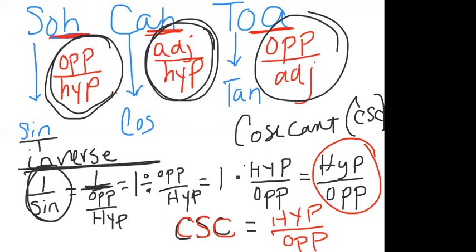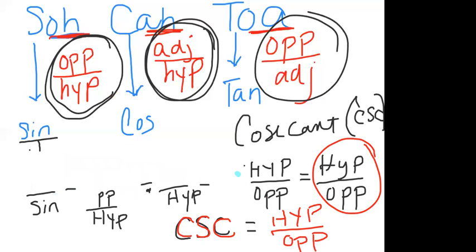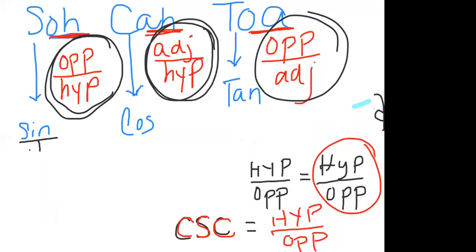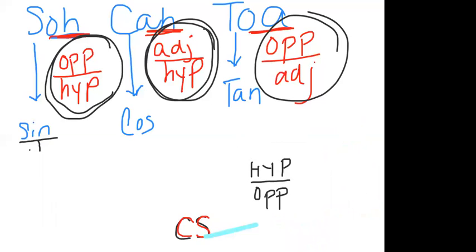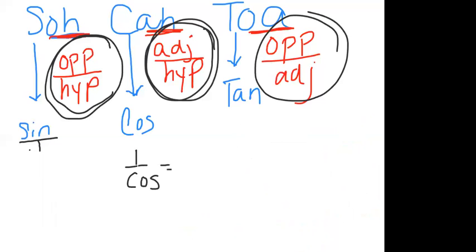I am going to move on to cosine next, and I'm not going to do all that math to show you where it's coming from because I've already shown you with sine, so I'm just going to go straight into it for the cosine and the tangent. Now, for the cosine, its inverse is going to be 1 over cosine, which is basically the reciprocal of this. So that would become hypotenuse over adjacent.